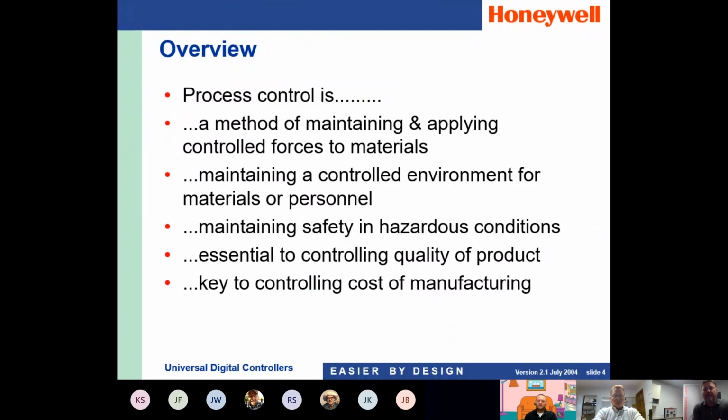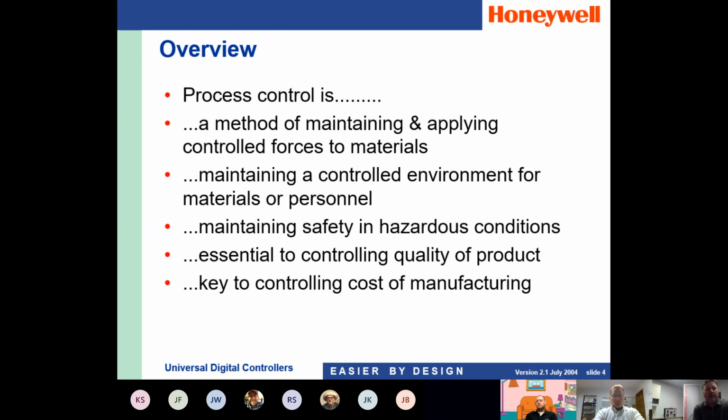So what is process control? We'll start with a very high-level overview of what process control is. Process control is a method of maintaining, applying a controlled force to materials. It's also maintaining a controlled environment for materials or personnel, maintaining safety in a hazardous condition. It's essential for the quality control of a product and also for controlling cost of manufacturing.